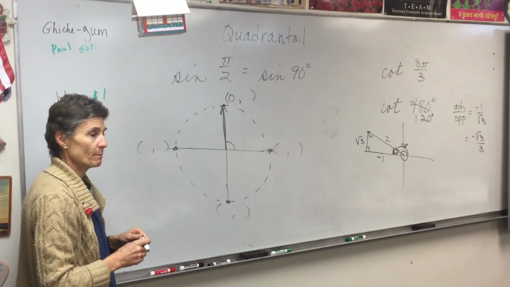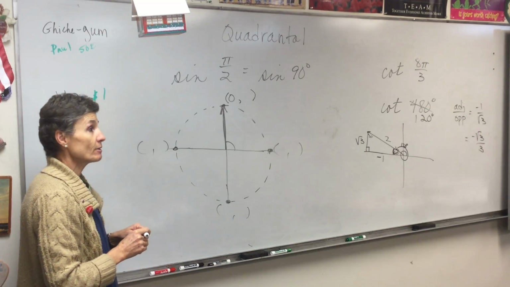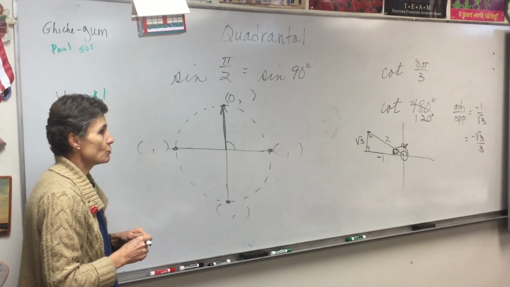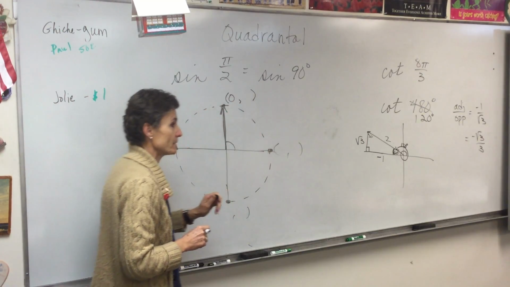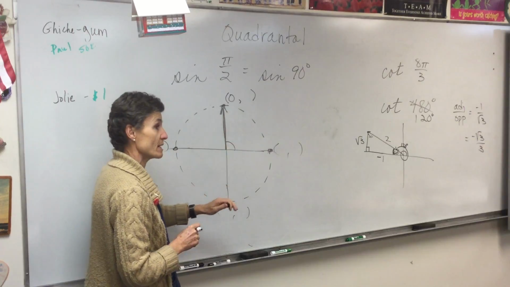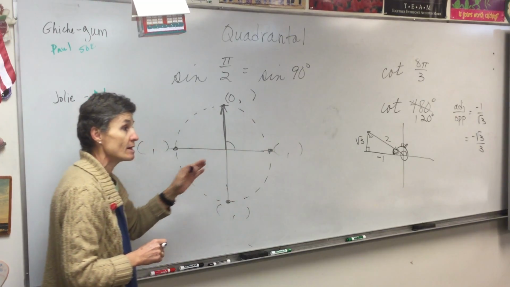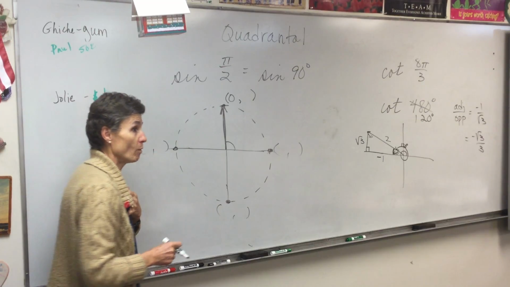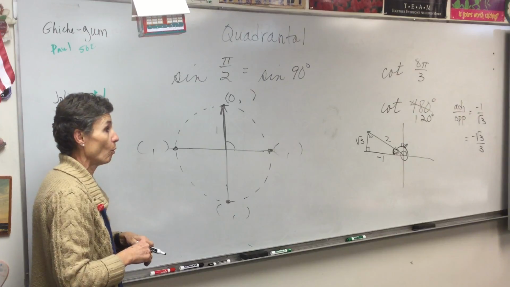What does the other one depend on? The radius of the circle. And here is the great news. You can make the radius whatever you want it to be. You can have that radius being 100, you can have that radius being √7, you can have anything you want. Guess what I'm going to pick? Always, I'm going to pick 1, because 1 is like the simplest number in the whole wide world.